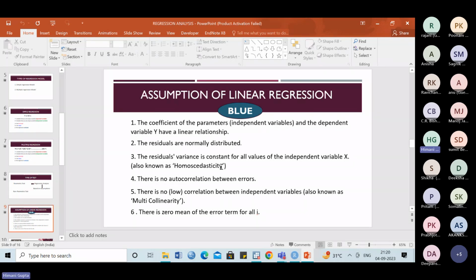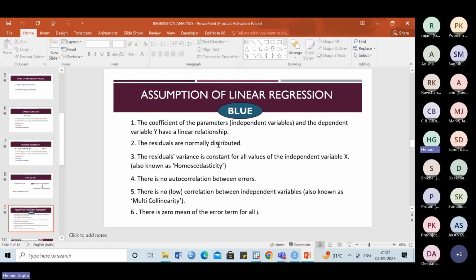If this is the case, then again our model is not a good fit, so some bias is there. So homoscedasticity should be there, heteroscedasticity should not be there. And if homoscedasticity is there, that means my model is a good fit. All the variables that I have included as independent variables are explaining my dependent variable in a blue manner.